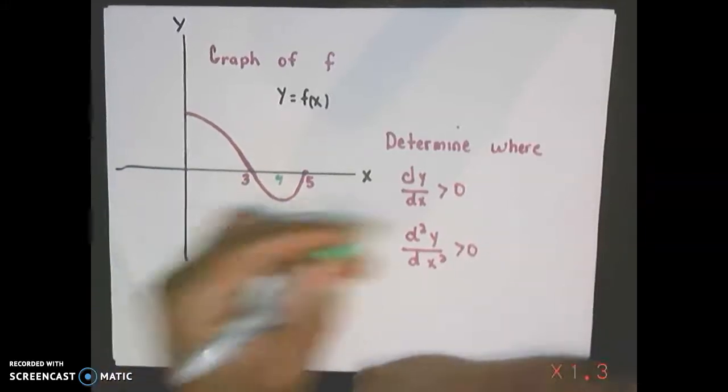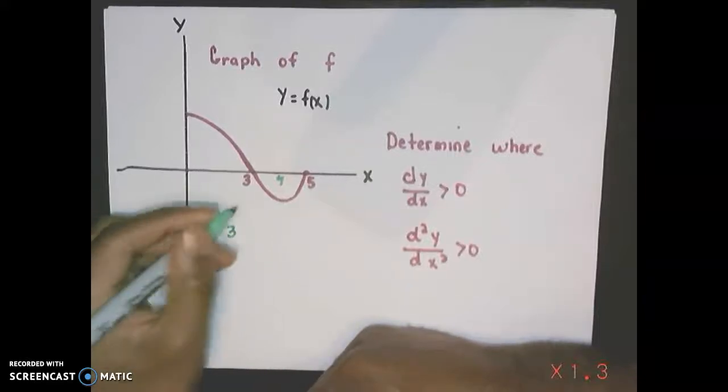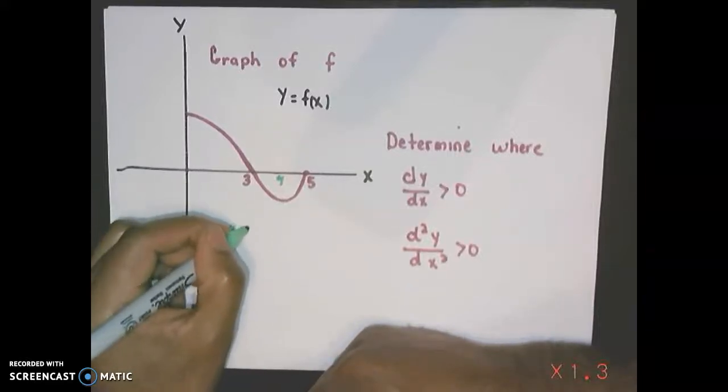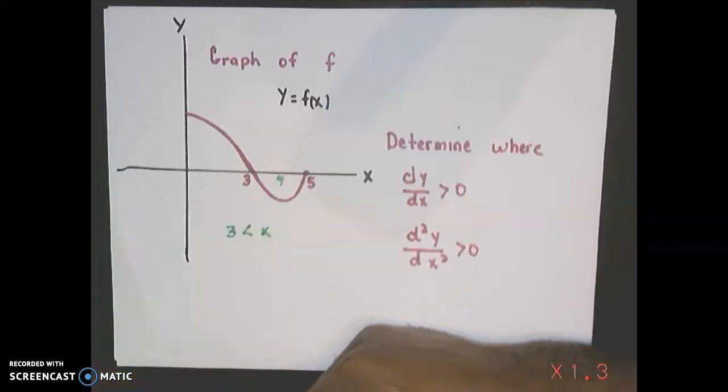We can see that for my x values that are between, I put 3 here, but I meant 4.